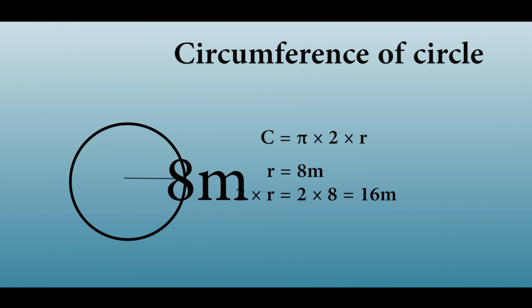That is the diameter. 16 meter is the diameter. Now, that 16 meter, we have to multiply by 3.14, that is the value of pi, and we get 50.24 meter. That is the circumference of a circle.